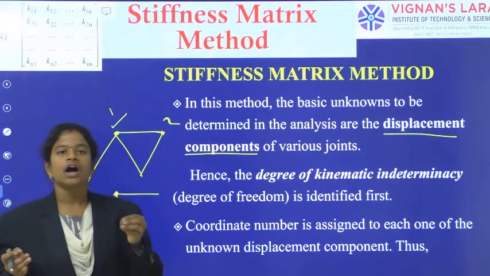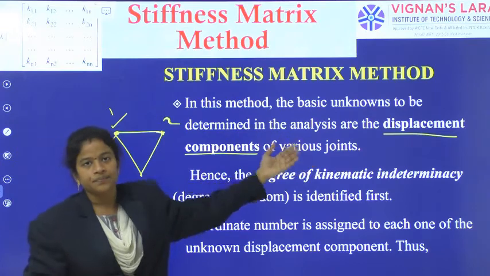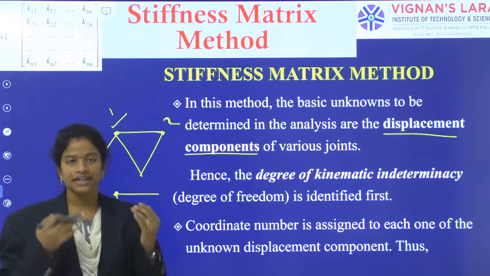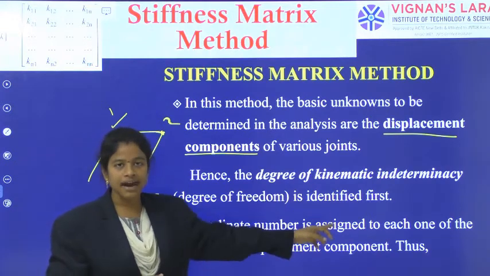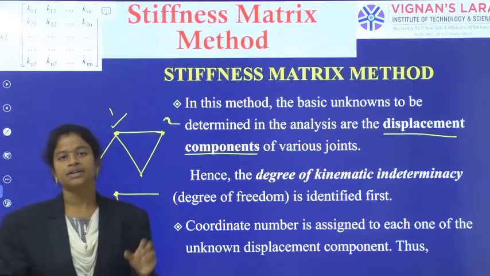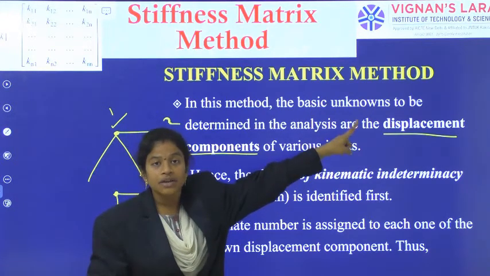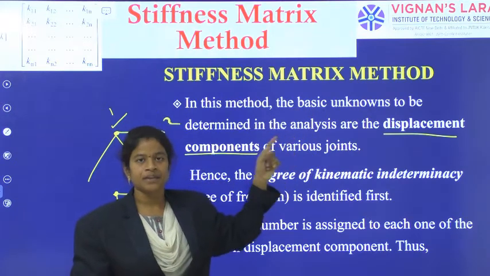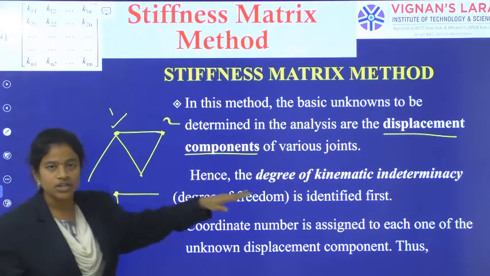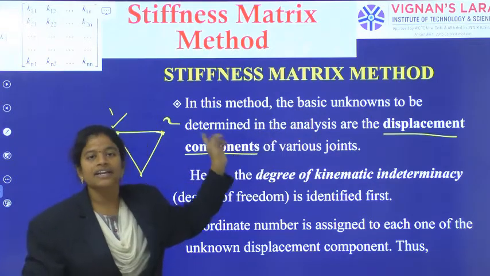The number of degrees of freedom means the number of ways it can displace. Once you know the degree of freedom of a joint or structural member, you can calculate how many displacement coordinates you need to find.